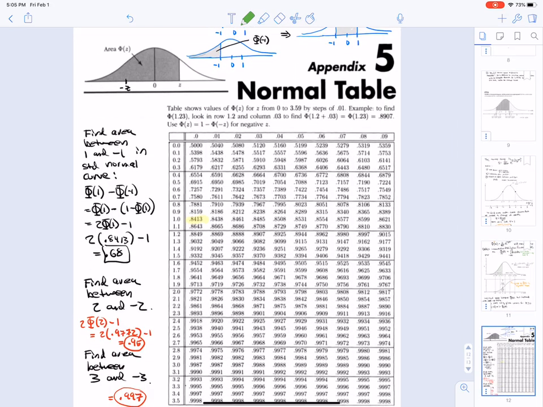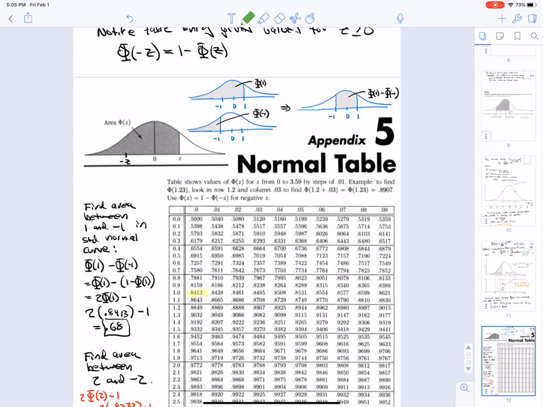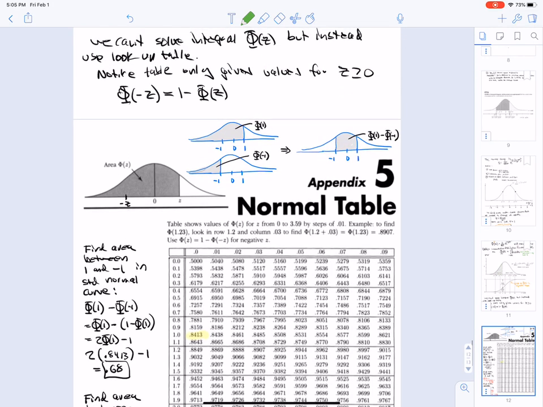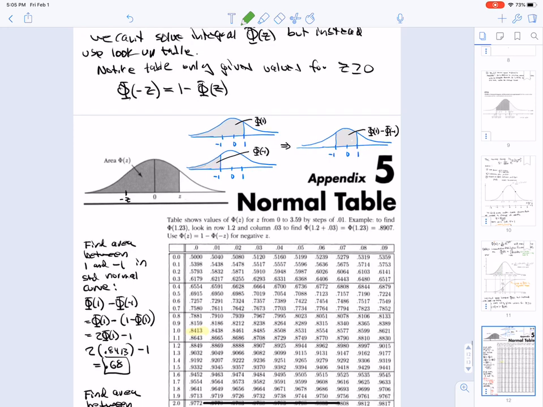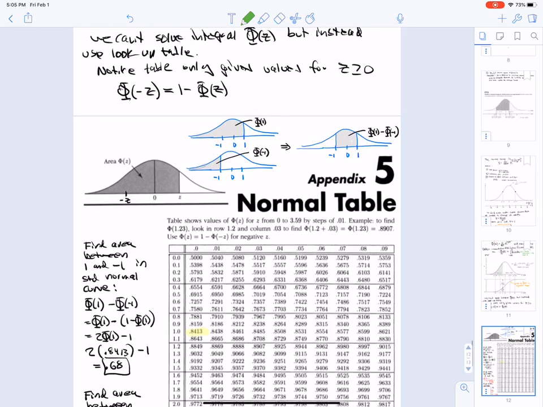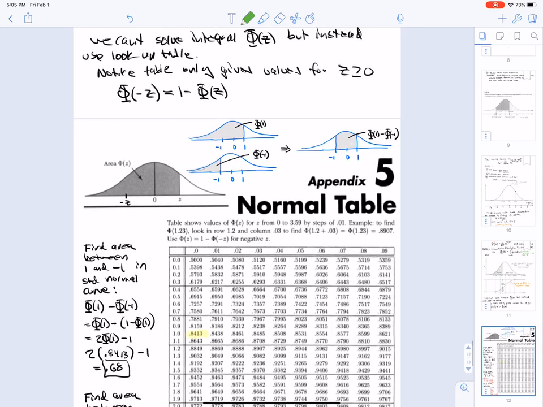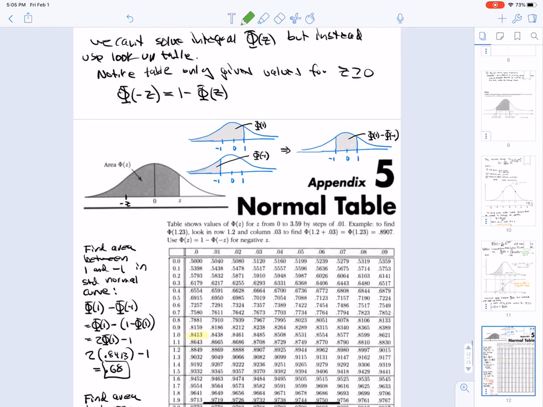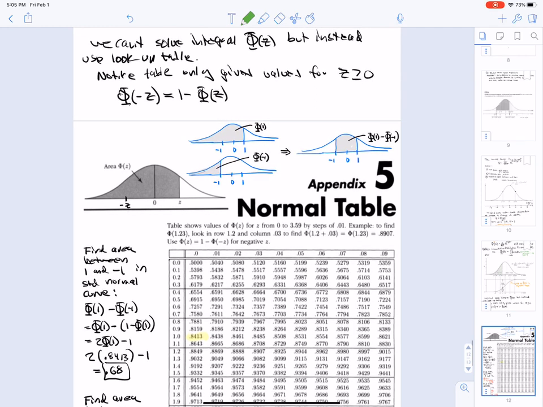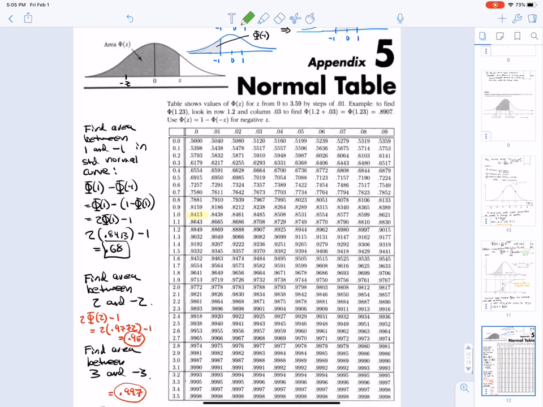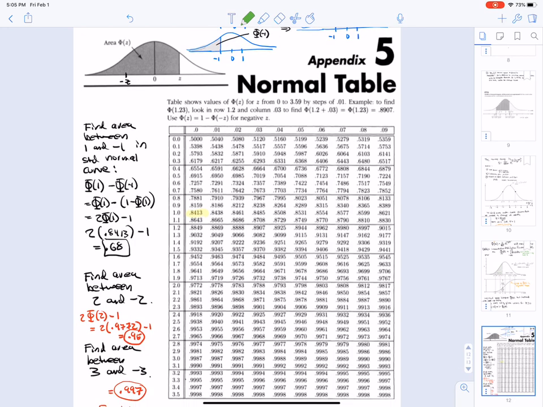So here's the normal table. Let's say we want to find the area between 1 and minus 1. That would be phi of 1 minus phi of minus 1. The reason for that, just look above here. I've drawn what phi of 1 is, what phi of minus 1 is. So phi of 1 minus phi of minus 1 is exactly the area in between that we want. Phi of minus 1 is 1 minus phi of 1, so this is 2 phi of 1 minus 1.